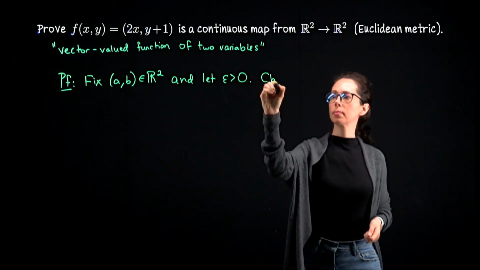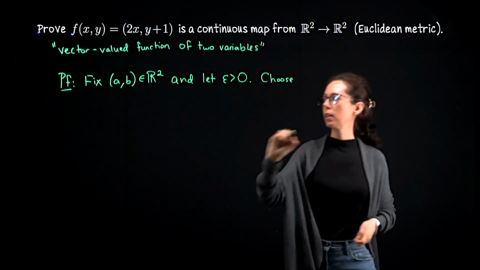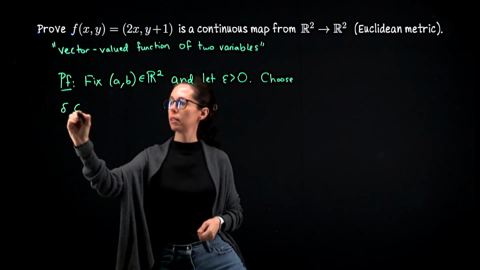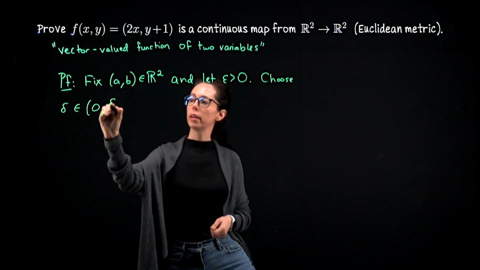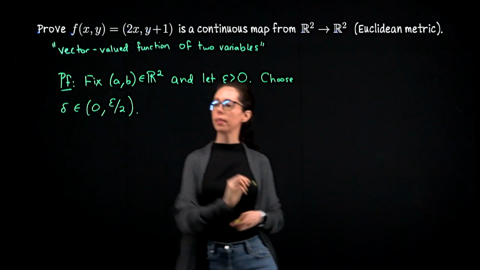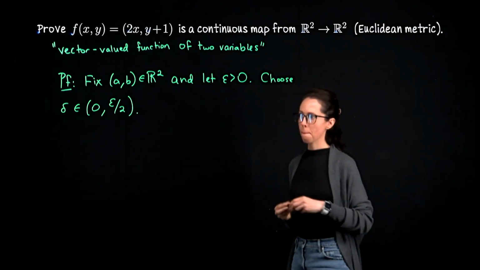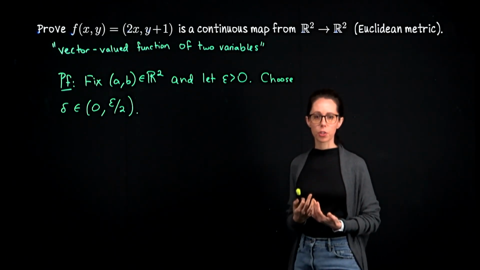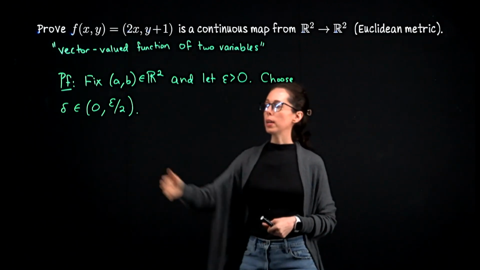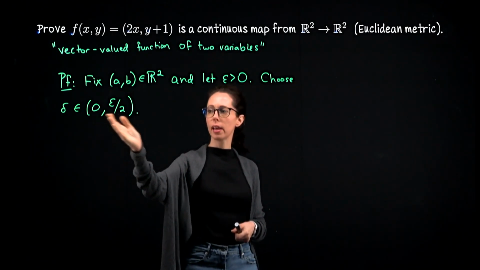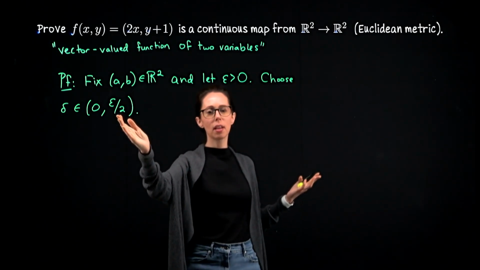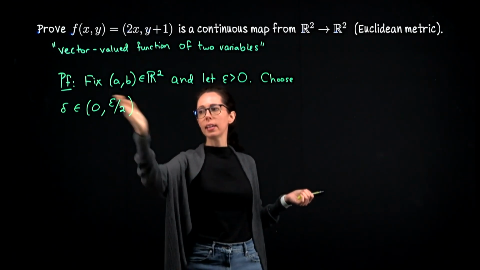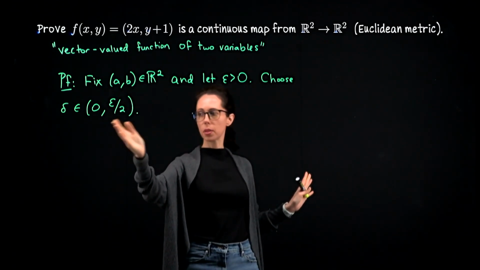Choose delta in 0 to epsilon over 2, that open interval. This is my style of choosing delta. So I want delta to be greater than 0 and less than or equal to epsilon over 2. Any delta in this interval will work. So this is what I do.